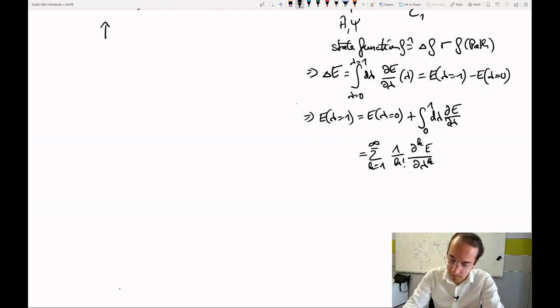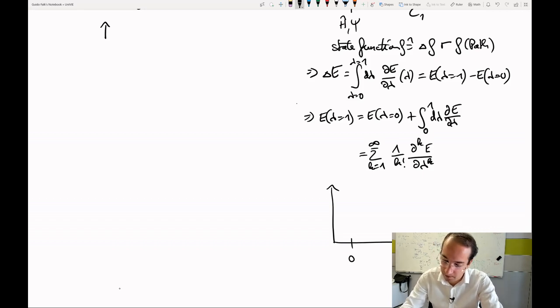So maybe for those more visually inclined, the idea is you have the two configurations, 0 and 1, and now you can have the partial derivative of the energy with respect to lambda. That might look like this.